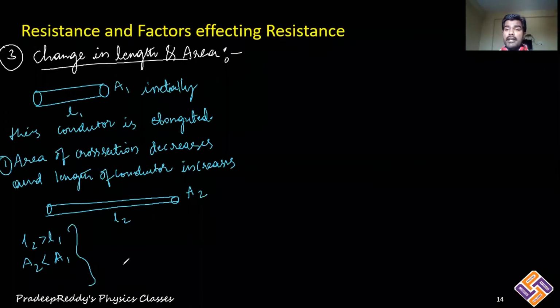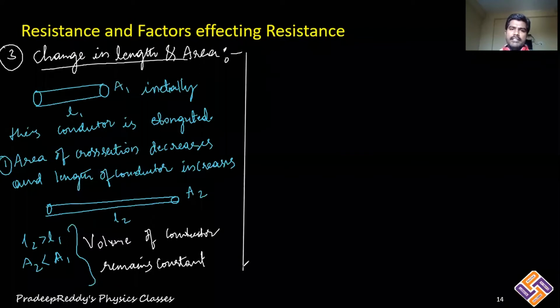But what is the factor which remained constant here? Volume of the conductor remains the same. Volume of the conductor is not varied in this case. Even though length is changing and area of cross section is changing, volume of the conductor does not change.